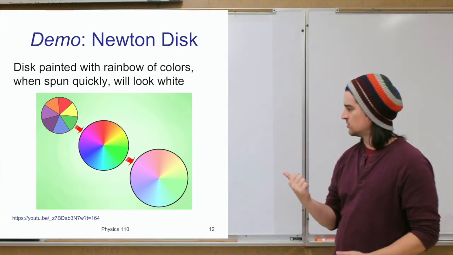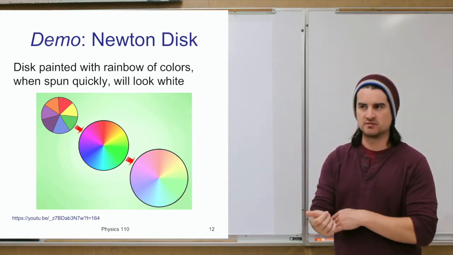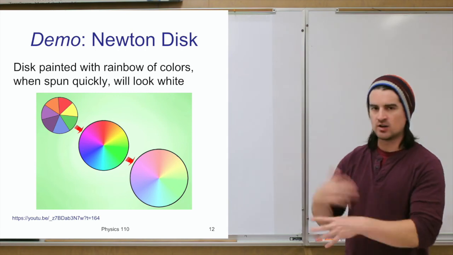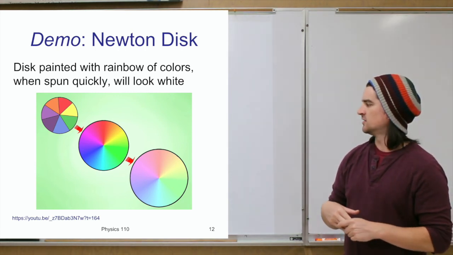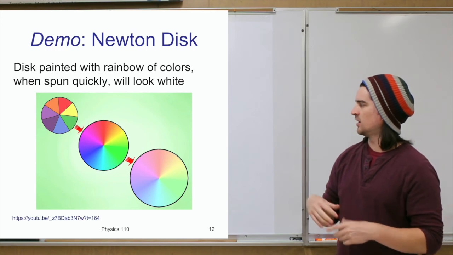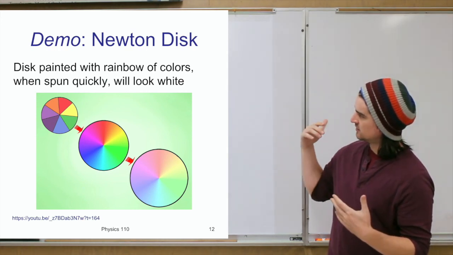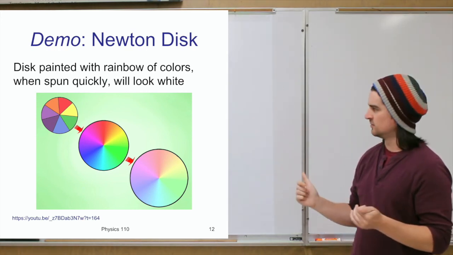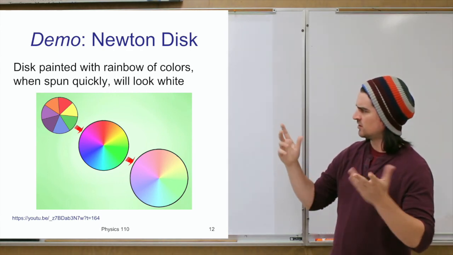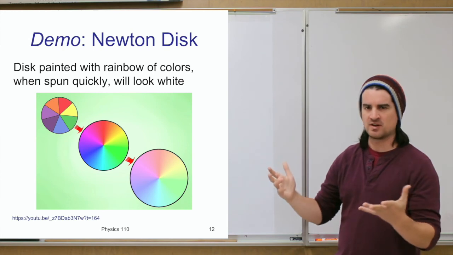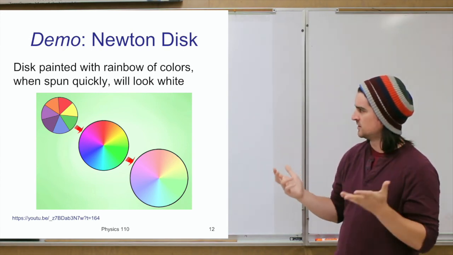So a kind of cool demonstration of this fact, that combining all the colors of the rainbow gives you white, is you can take a disk that's colored with all the primary and secondary colors of the spectrum. I think you can even do it with just the primary colors, red, blue, green.